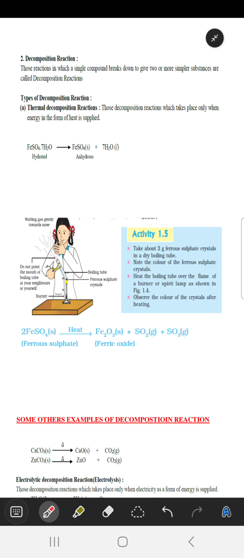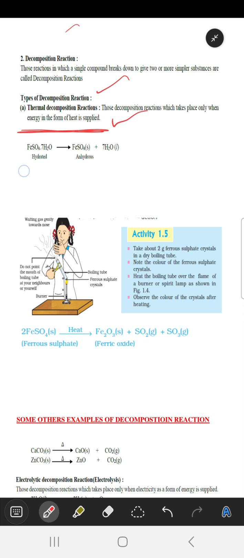For decomposition, we require energy. When we use heat energy to decompose the product, the reaction is called a thermal decomposition reaction.